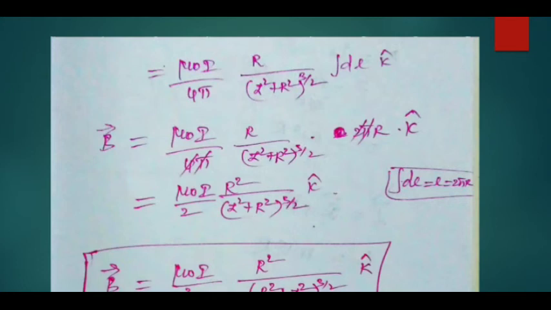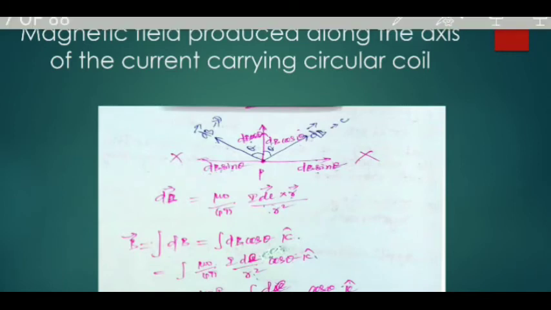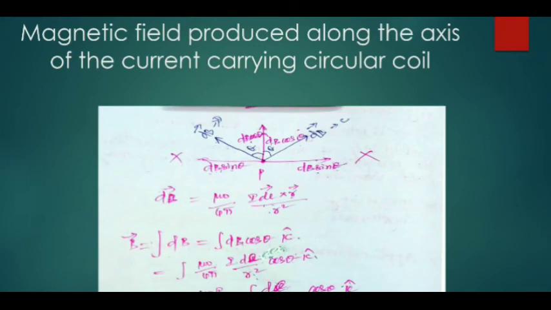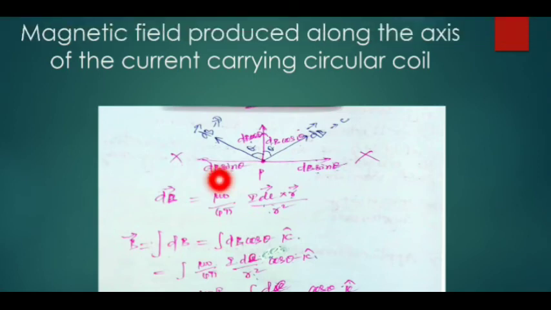I'm just repeating. From the Biot-Savart law, dB is equal to mu naught divided by 4 pi, I dl into sin theta divided by r square, and B is equal to integral dB, which is integral dB into cos theta into k.